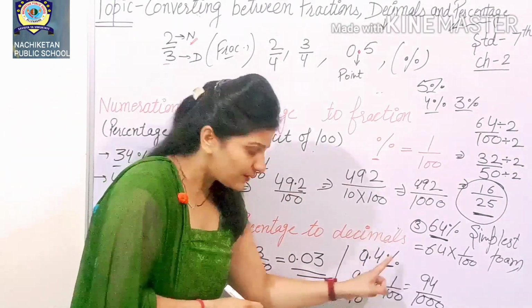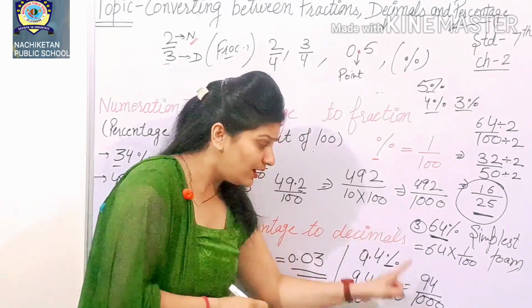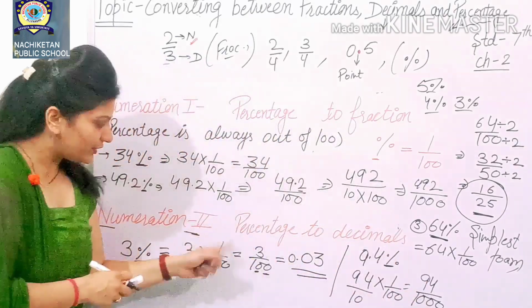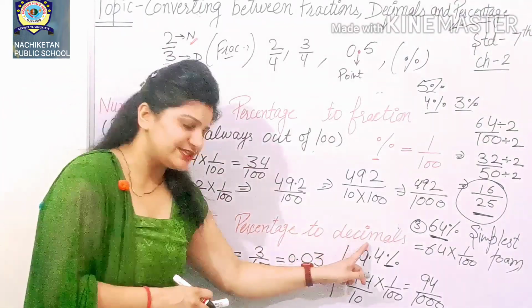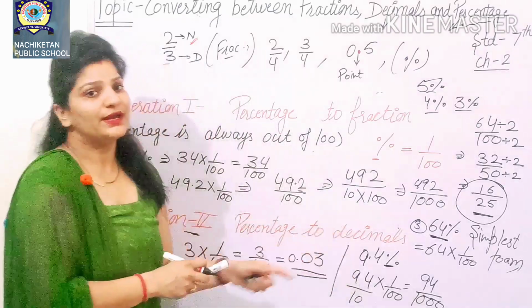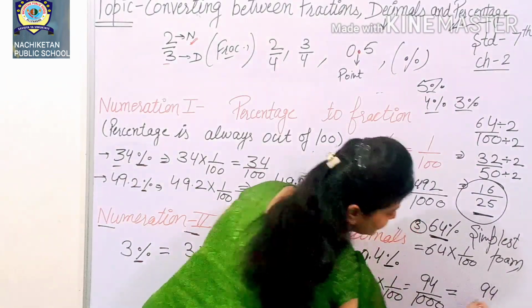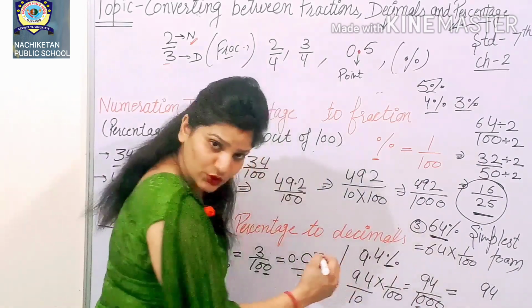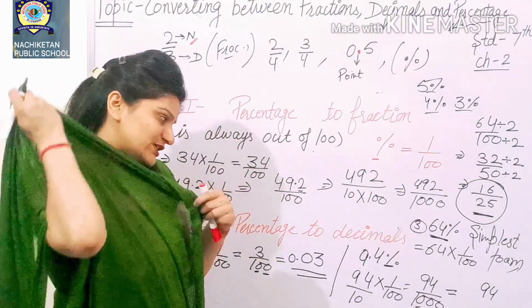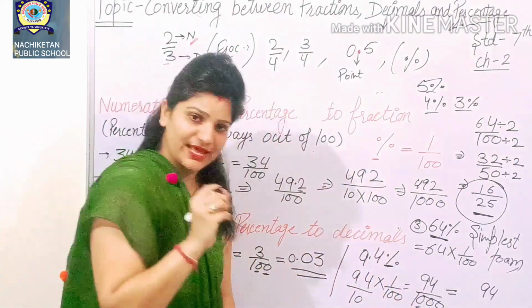Percentage was given. Fraction form में हमने इसको convert कर दिया. But what we do? We have to change it into a decimal. हमने क्या करना है? इसको किस में कन्वर्ट करना है? डेसिमल्स में. तो हम इसको डेसिमल्स में कैसे कन्वर्ट करेंगे? See, here are the 3 zeros. Clear? Here are the 3 zeros and according to these zeros we will place a decimal.